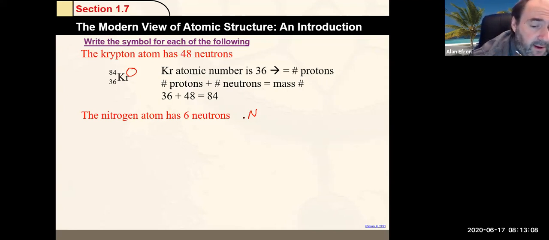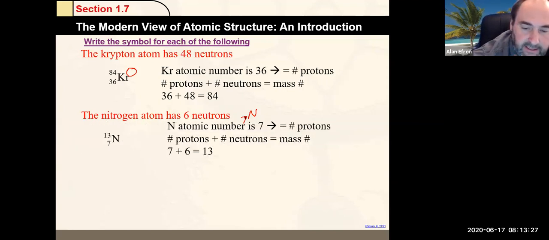That number would go bottom left of the symbol. So we would put 7 here, bottom left. And now to find the mass number, we take our protons plus our neutrons. So that's 7 and 6. That's going to be 13, which should end up on the top of the symbol on the left. And that's how we would get to our mass number. Any questions on that particular one?